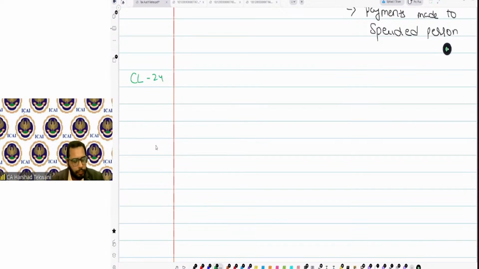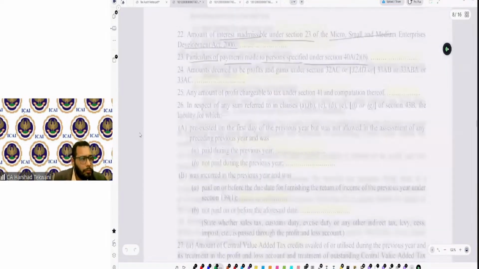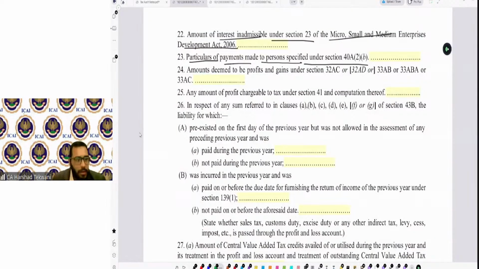Clause 24 is with respect to amounts deemed to be profits and gains under section 32AC, 32AD, 33AB, 33ABA, or 33AC. Basically, these are deductions in respect of tea development account, coffee development account, and rubber development account. 33ABA is the site restoration fund. Now, in certain cases, these deductions are classified as deemed income.